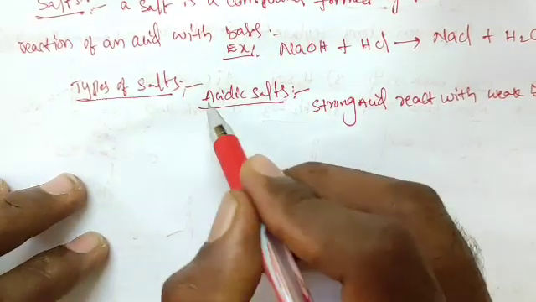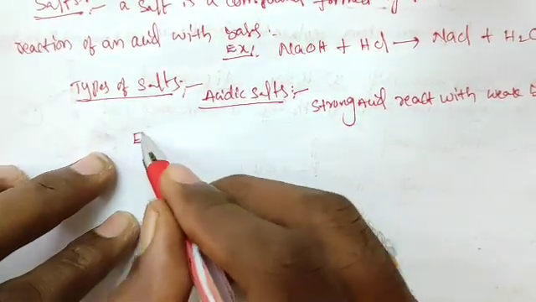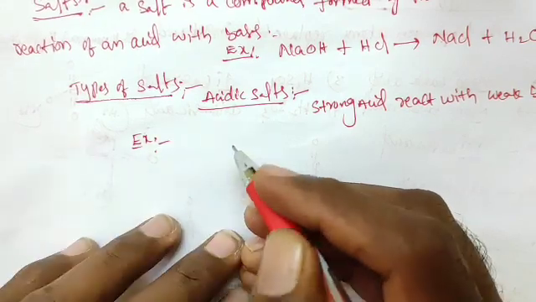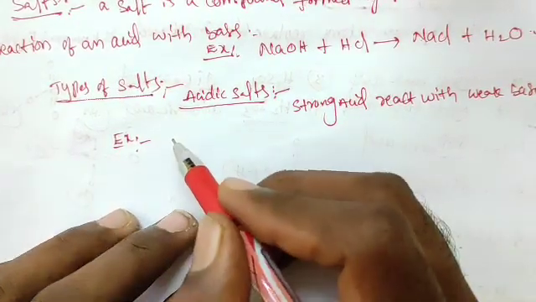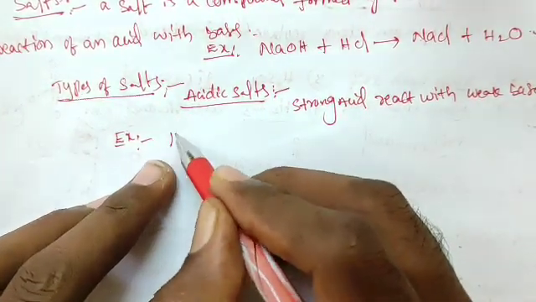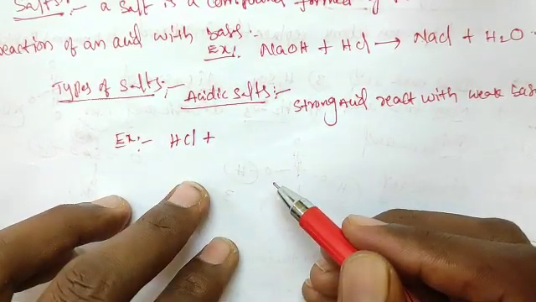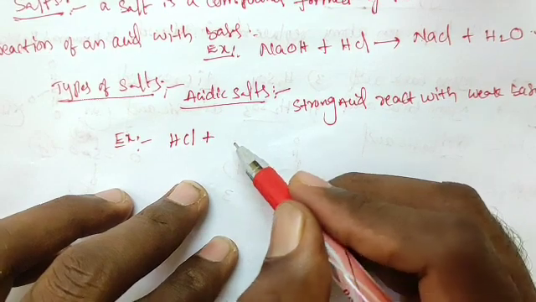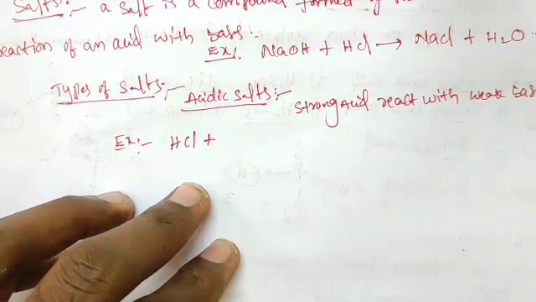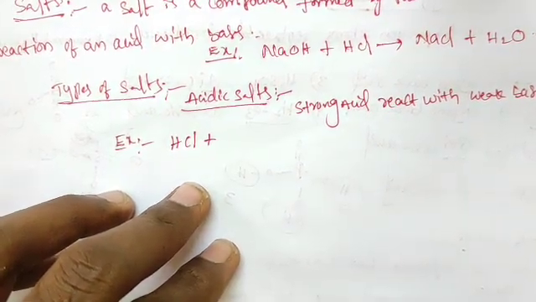An example of an acidic salt: HCl is a strong acid. When HCl reacts with a weak base, which is a weak base?